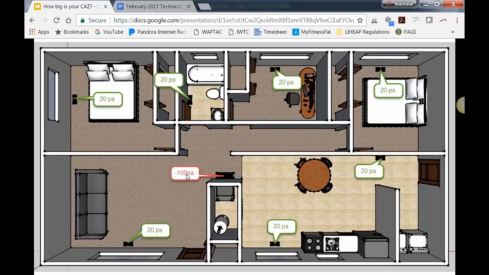Just by turning on the air handler. It could depend, but it still might be negative, even though it seems like it'd be more positive. Yes, and that's the most important thing, is that it could always depend. Don't ever walk into a house and think, well, I can see clearly exactly what this is going to do.